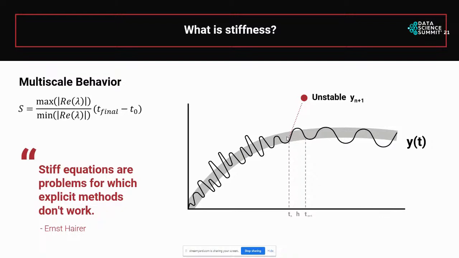And this is a problem with multi-scale behavior, right? So if you think about something like a biological system, you have a ton of chemical reactions changing the amount of a given concentration in your body at a very rapid rate. Things are connecting and disconnecting at a rate of one millisecond or one microsecond at a time.